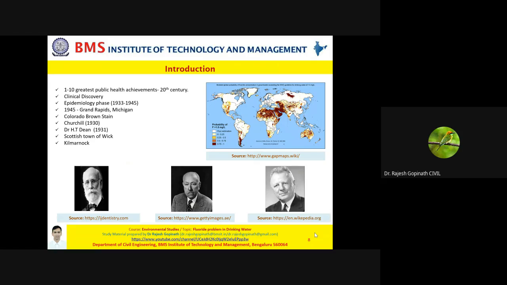Now, with this basic information, we have deduced the following facts. Fluoride is naturally present across many different water sources, some low, some moderate, and some very high.